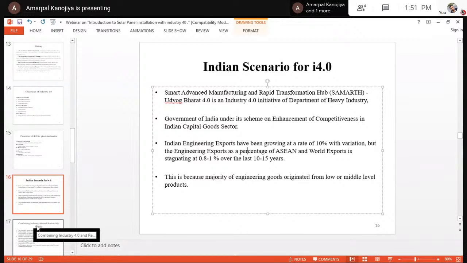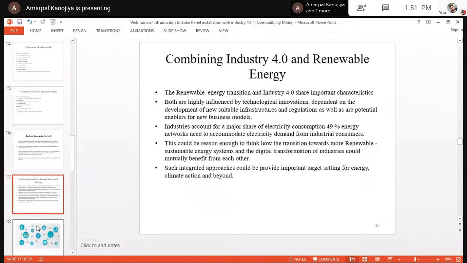Now, we are moving toward clubbing renewable energy generation with Industry 4.0. By doing this, we can increase the generation and the efficiency of our solar plant or any renewable plant by following the guidelines of Industry 4.0, and attach that generation to your mobile through the Internet of Things.